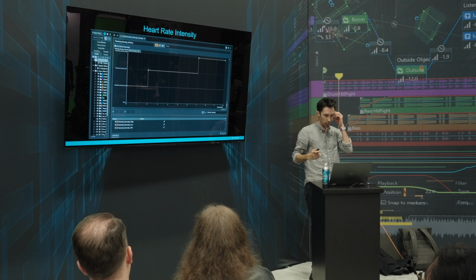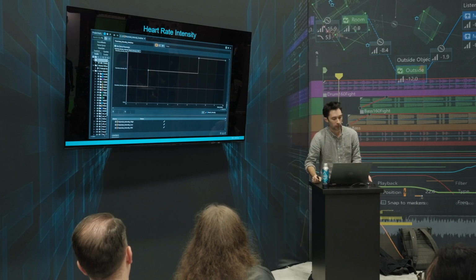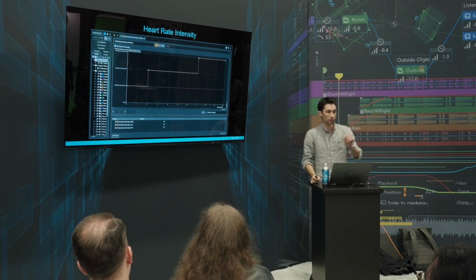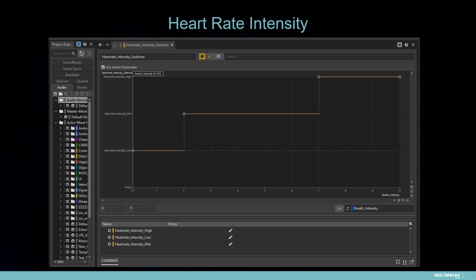So basically, anything from 0 to 2 that comes from the game, we're going to have activate our heart rate intensity low switch. Anything from 2 to 7, we're going to have activate our heart rate intensity medium switch. And anything from 7 to 10, we're going to activate our heart rate intensity high switch.